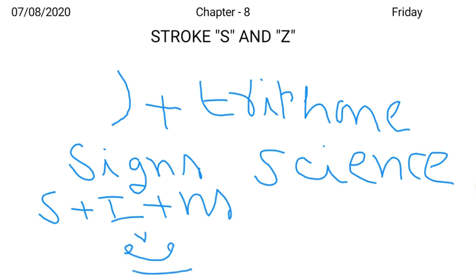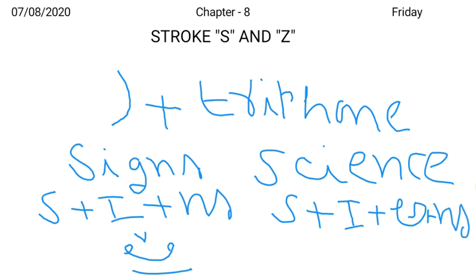But in the case of science, the word is starting with the consonant S and is immediately followed by a triphone: S plus I plus O plus NS. So the initial S sound is immediately followed by a triphone. This S should be represented by stroke S, science.